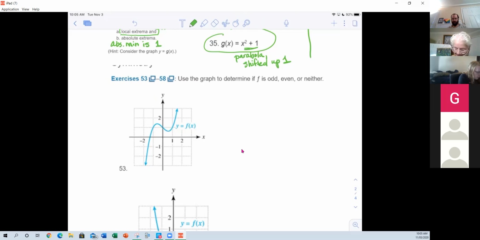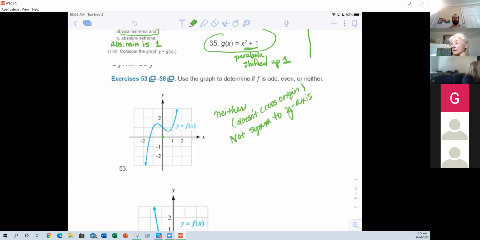Because it doesn't touch the origin, right? It's not crossing the origin. And it's not symmetric to the y-axis, right?